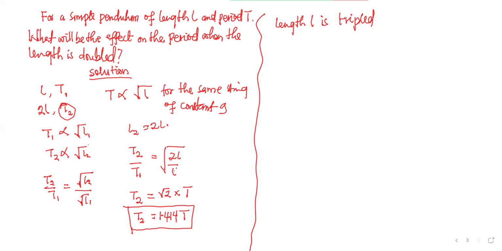Please, it will be root of 3 times the period. Yes, the initial period. So T2 will be equal to root of 3 times T1 or T. So that's it. All right.